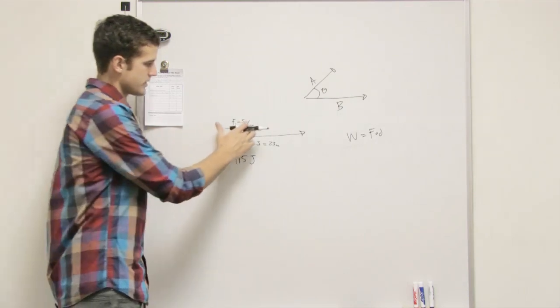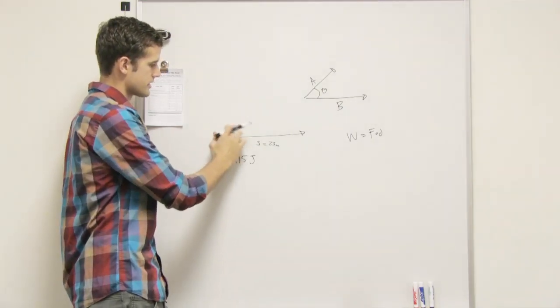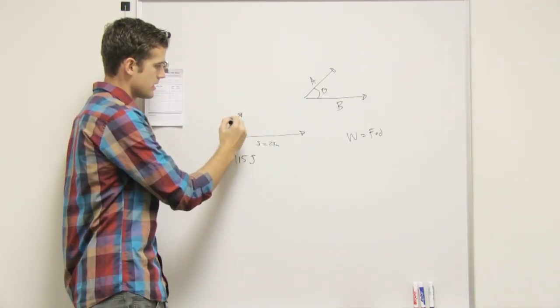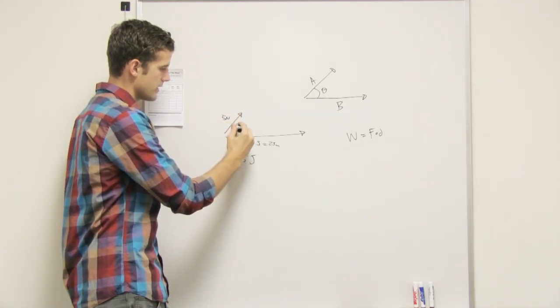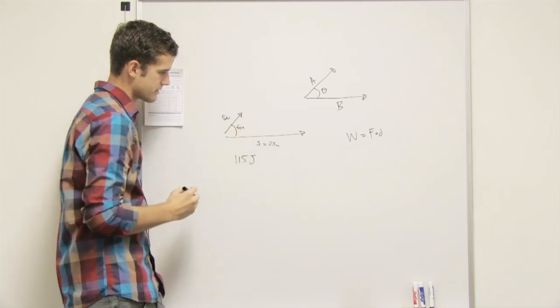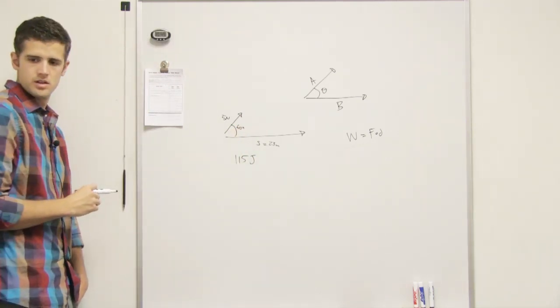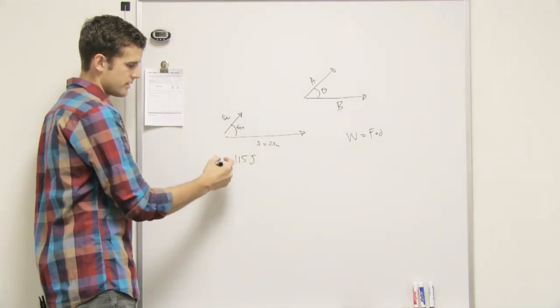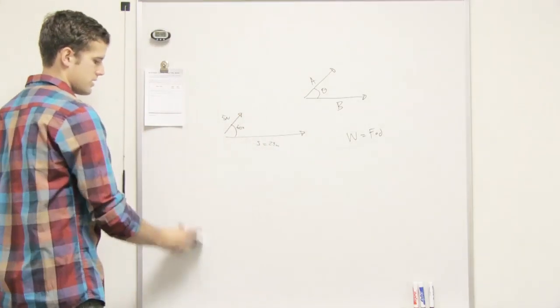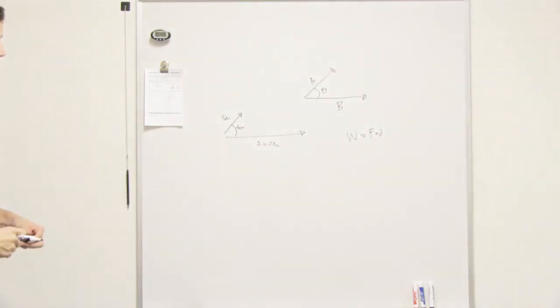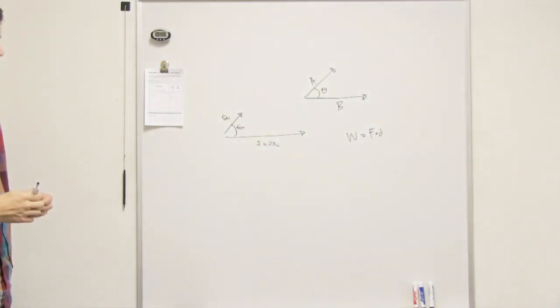But then what happens if you take this force and now you have 5 newtons at an angle of 60 degrees? How much work are you going to do now? More work. Cosine of 60 degrees.